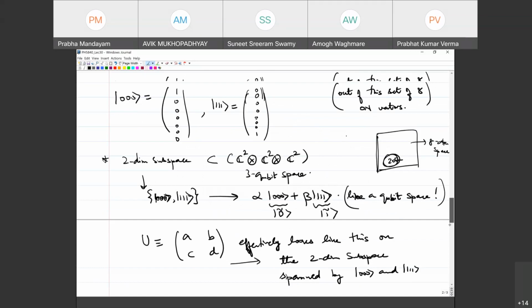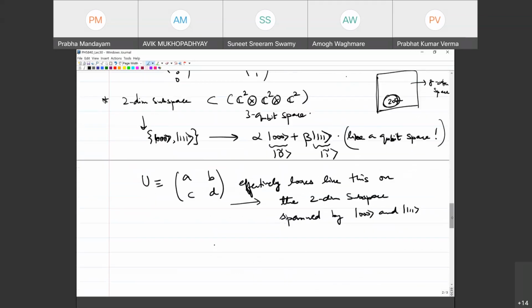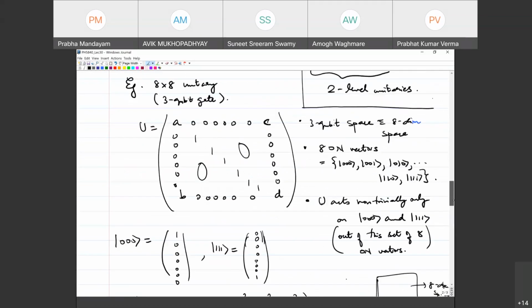Okay, so I hope the idea is clear as to what two-level unitaries are. This is the effective form of this. So I can call it U tilde if you will. U effectively looks like this U tilde on this smaller subspace, right? U itself is an 8 by 8 unitary, but it is what we would call a two-level unitary because effectively it is like a single qubit gate on some subspace of this 8-dimensional space.